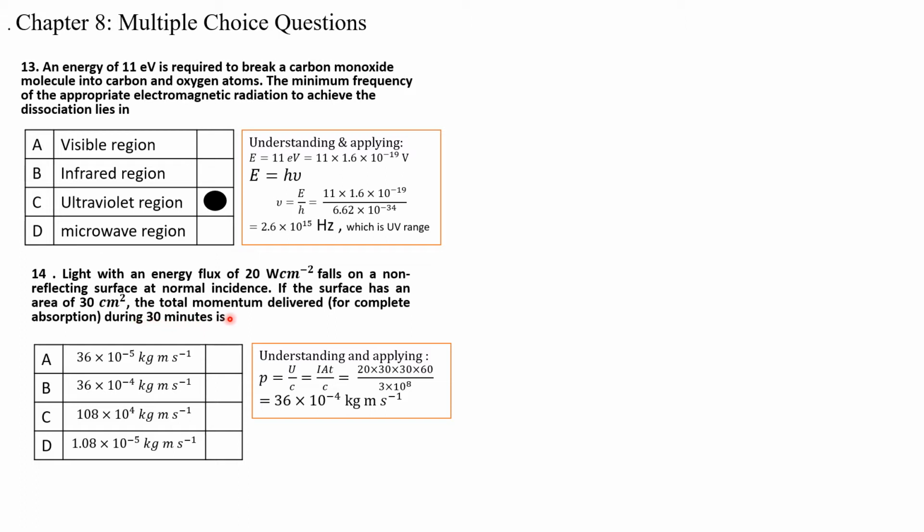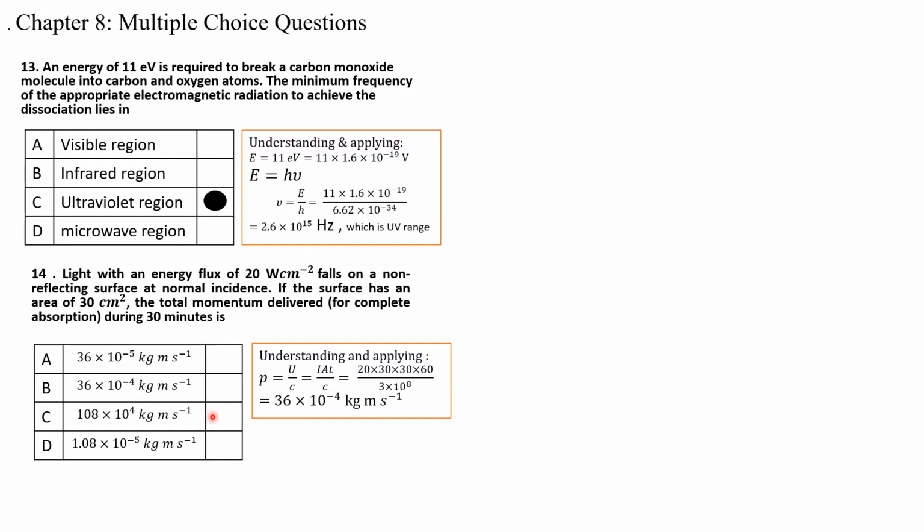Please read the question once again. Light with an energy flux of 20 Webers per centimeter square falls on a non-reflecting surface at normal incidence. The area of the surface is given as 30 centimeters square. We have to find the total momentum for complete absorption during 30 minutes.